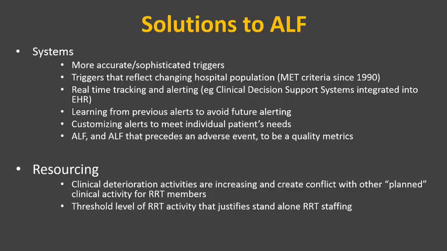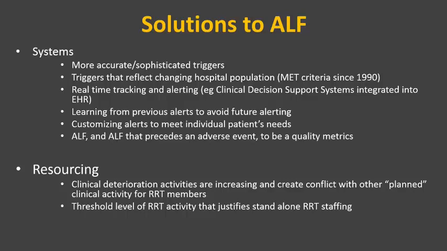Finally, resourcing is really, really important. Our activities are increasing. As Ash highlighted to you, everyone else is doing other work other than just running around to MET calls. That provides a real conflict, and those conflicts result in other workarounds, and those workarounds beget afferent limb failure, and that afferent limb failure has adverse patient consequences.